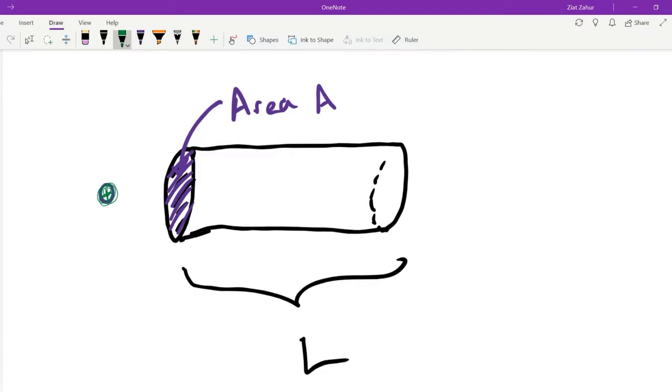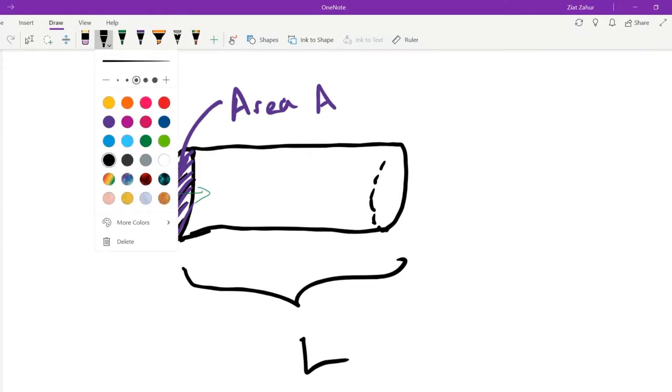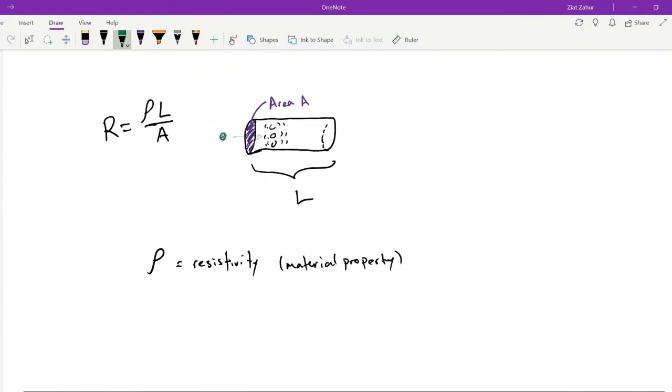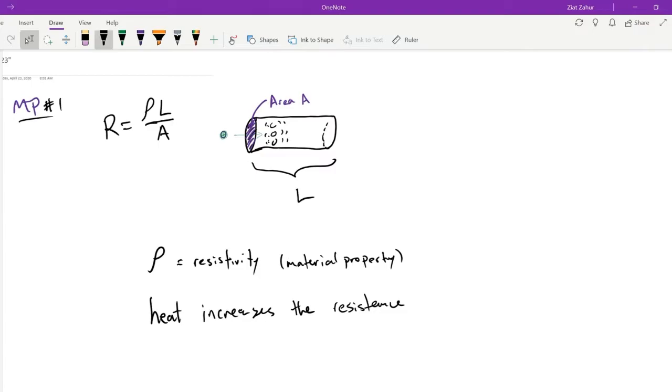Remember, current is the flow of positive charges. When it tries to flow through, all of that chaos inside kind of hinders its movement. So less charges can. Imagine these being vibrating little particles, and they get in the way of this charge from moving forward. And so the heat will decrease the flow of current.